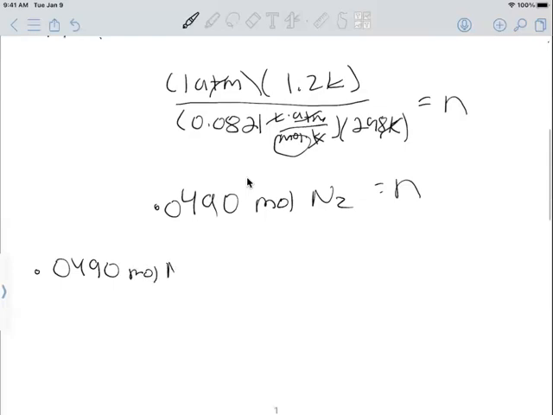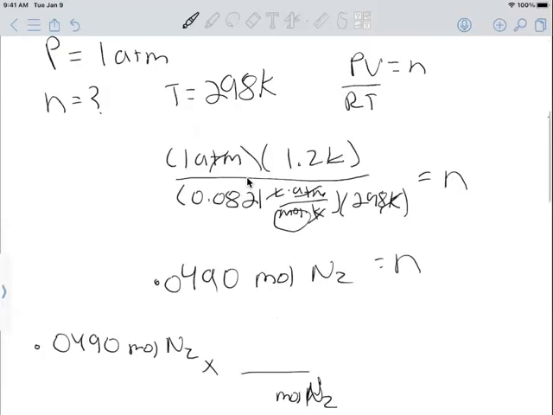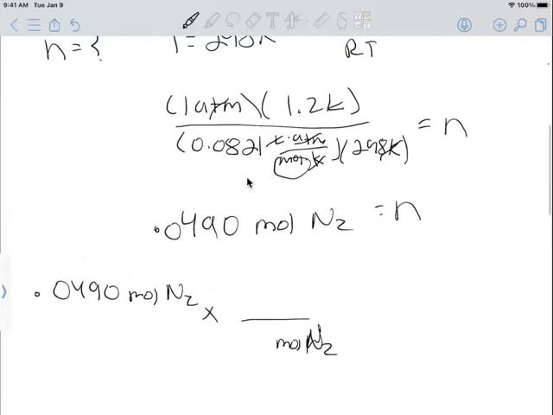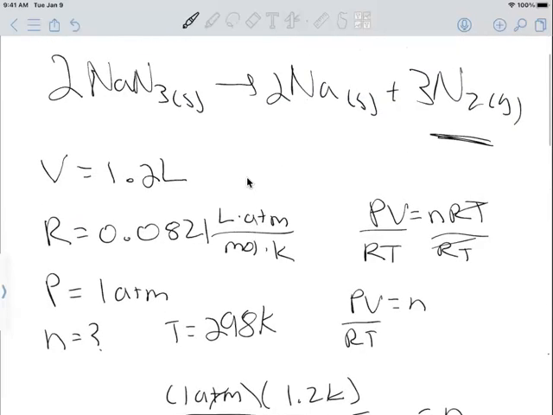So we know our moles of N2 required. Then we can use our mole ratio here. How many moles of N2 do we have in our equation? 3 moles of N2 created. We need 2 moles of NaN3.